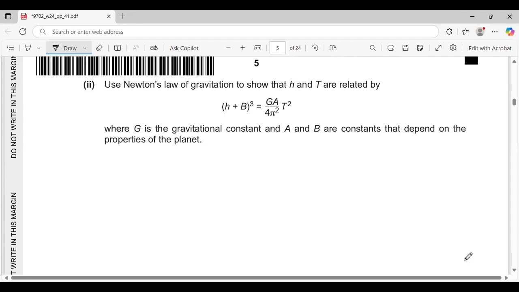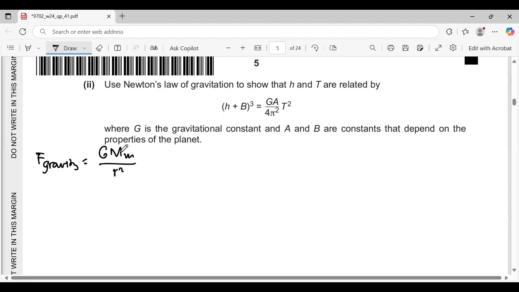The gravitational force, we can write the formula F gravity equal GMm over r squared.